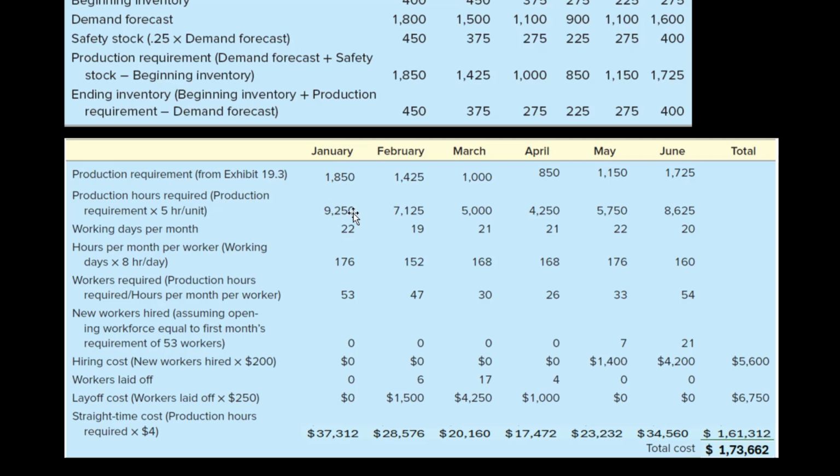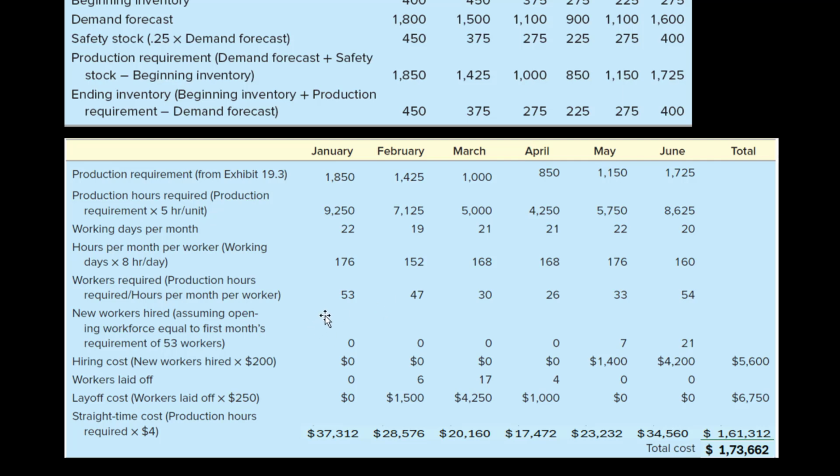So when you divide 9250 by 176, you will get the number of employees, number of workers required, which comes to be 52 point something. So we can round it to 53, right? Because we cannot employ 52.5 workers, we have to round it off to 53.